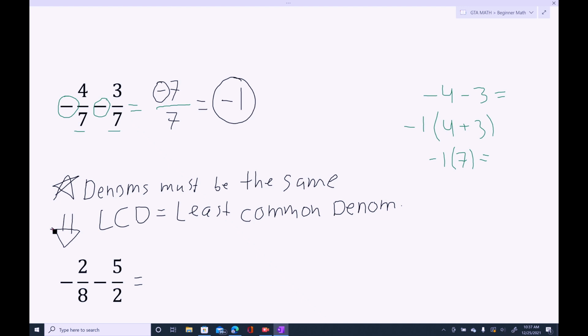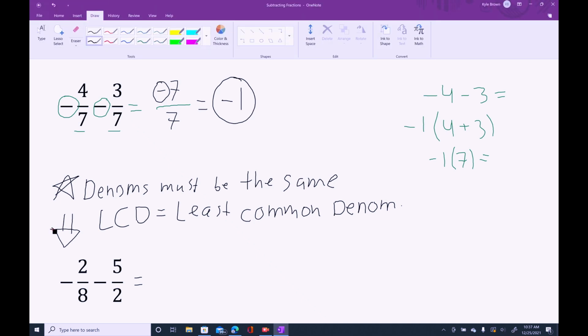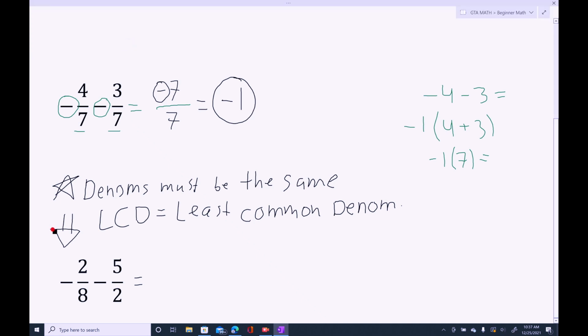So we have to create one. There are some numbers that we can use to make them the same, but for me, I say, well, I know 2 goes into 8 4 times.